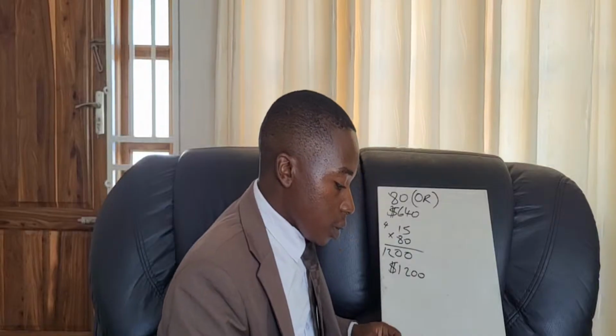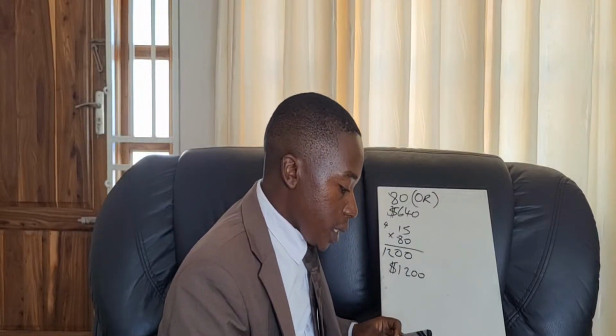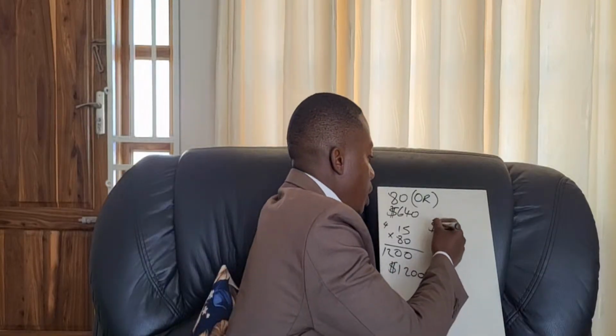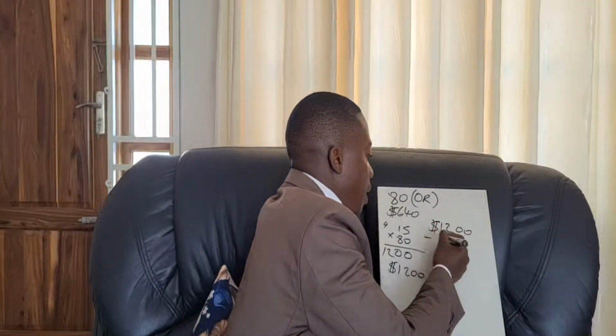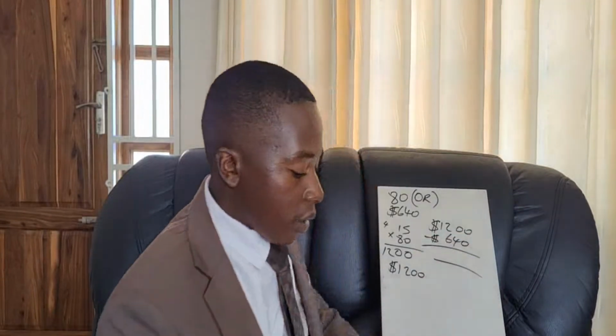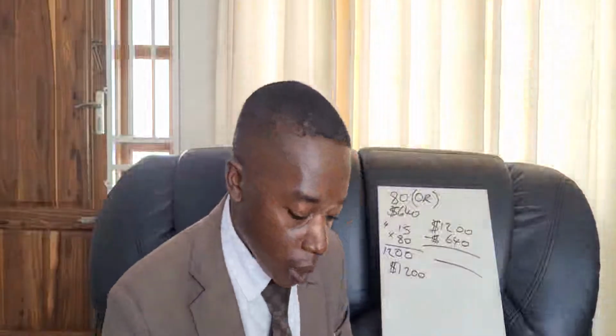The question is asking us for the percentage profit made. So we're going to subtract 1,200 minus 640. I want you to subtract this. Do that first and tell me what will be the answer.